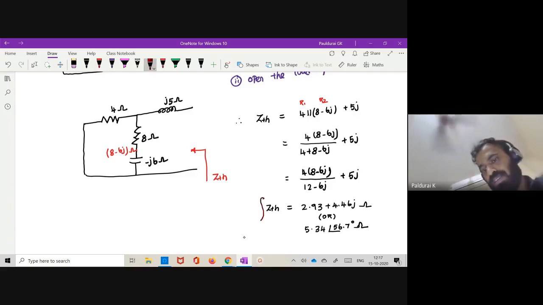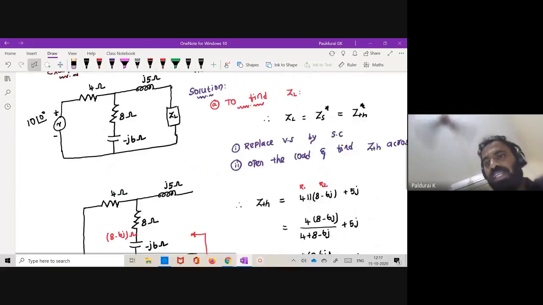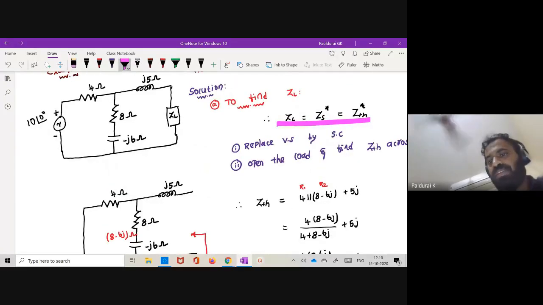Now, Bala Siddharth, let me know what is the value for ZL. You know ZL equals the ZTH conjugate. So what is the value for ZL?